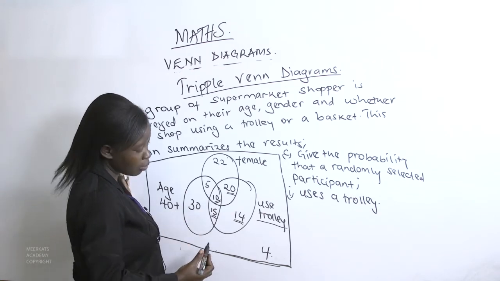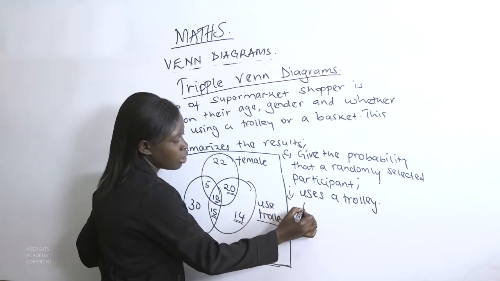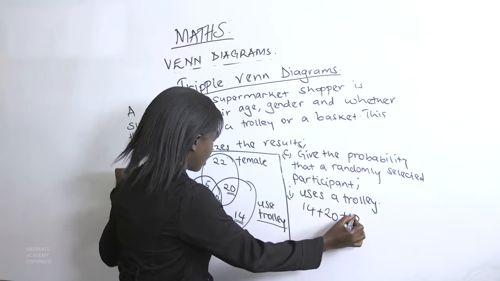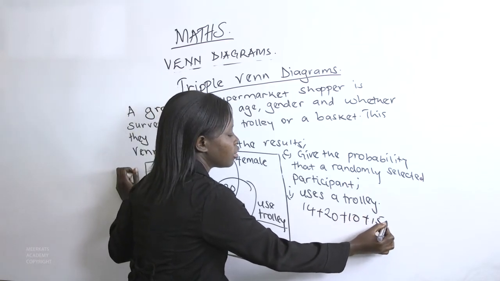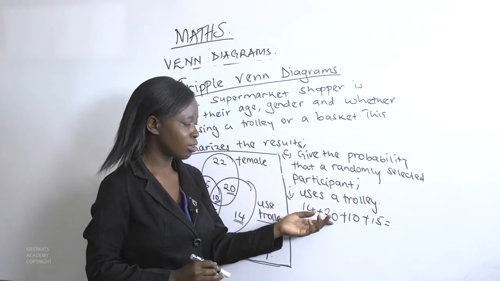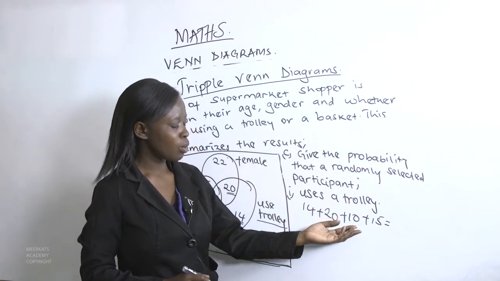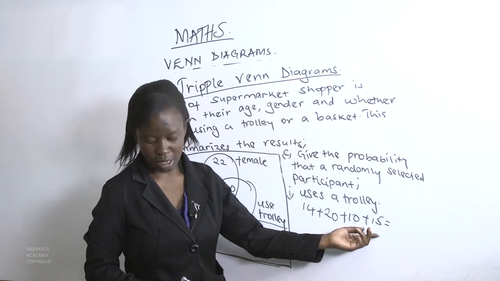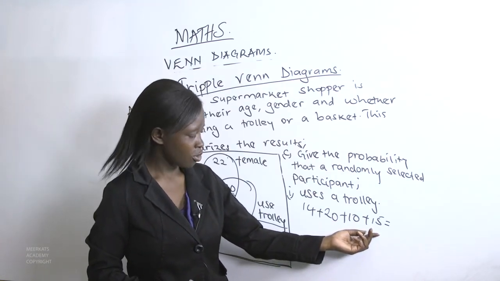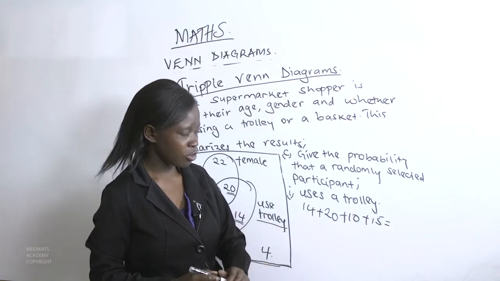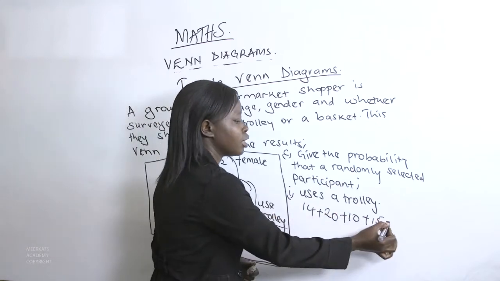So what does it mean? I'm having 14 plus 20 plus 10 plus 15. 14 plus 20 is 34. 34 plus 10, we get 44. 44 plus 15 gives us 59.